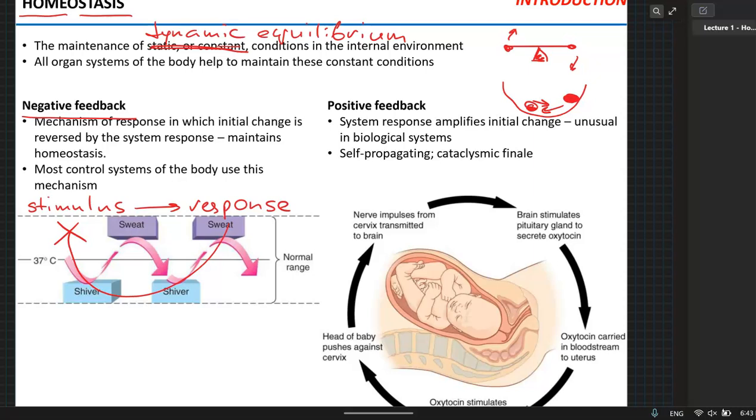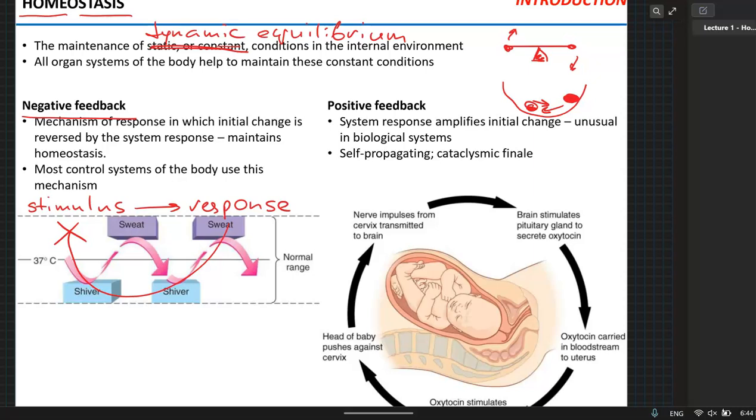Or you eat a meal, your blood glucose goes up, and insulin produced by the pancreas takes the glucose from your blood into the cells. So blood glucose goes down. Does that make sense? So negative feedback is good. Negative feedback maintains homeostasis.